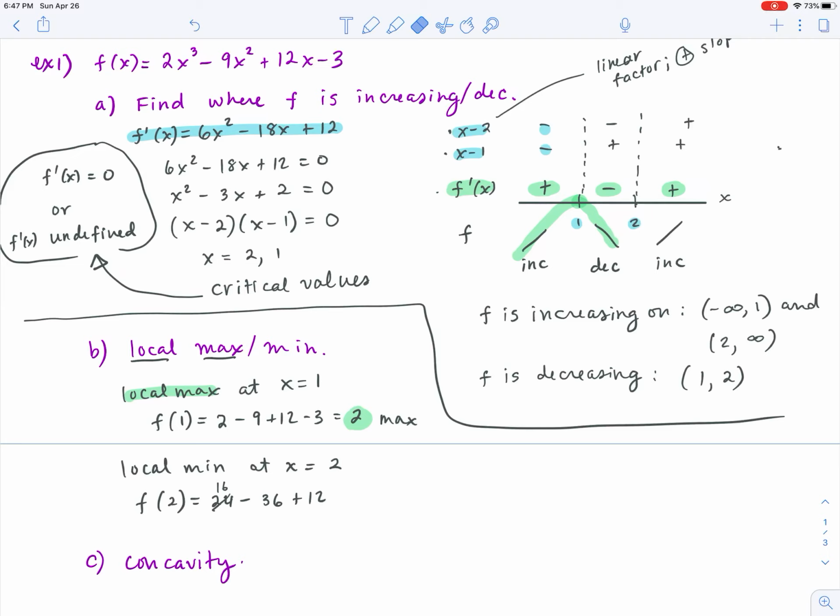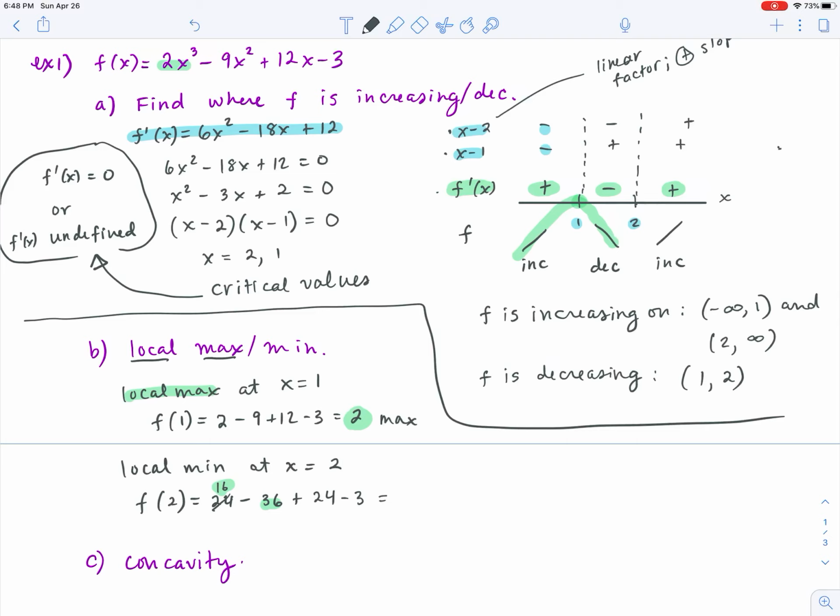Okay, so I've got 2 times 8, which is 16, minus 9 times 4, which is 36, plus, this one should be 12, times 2, which is 24, minus 3.